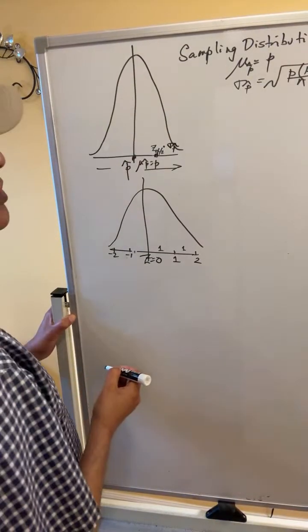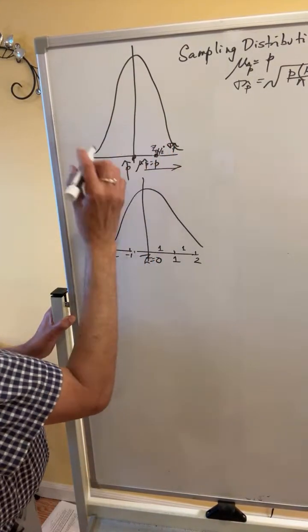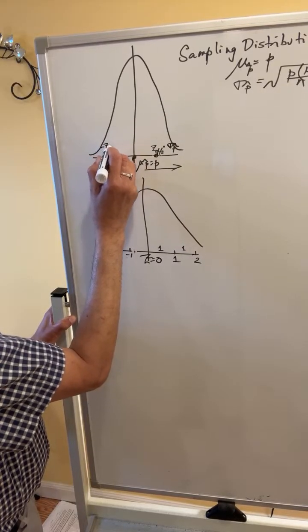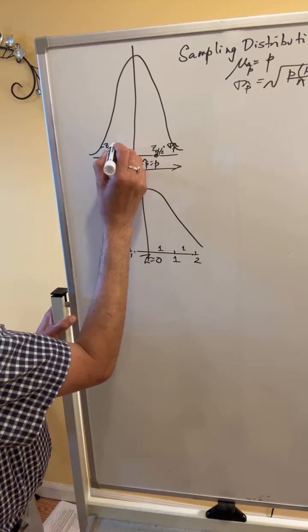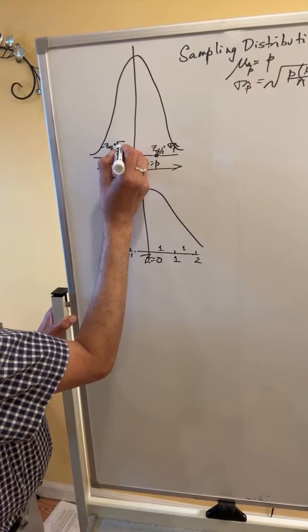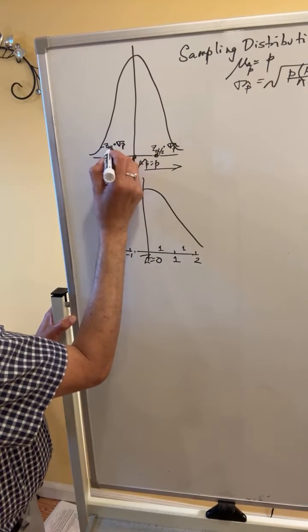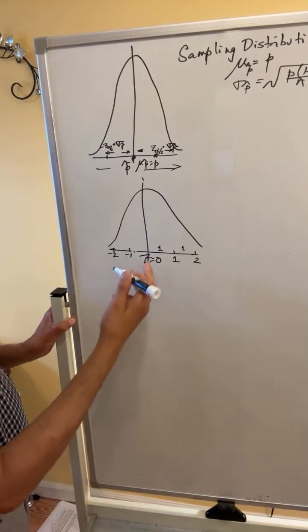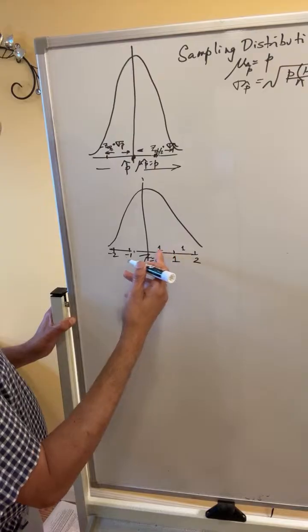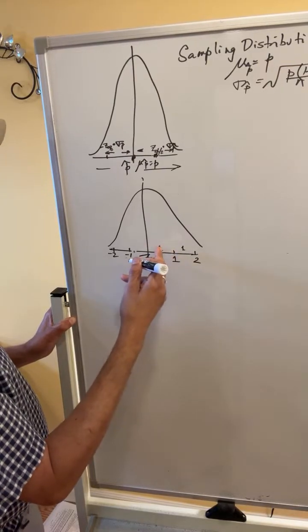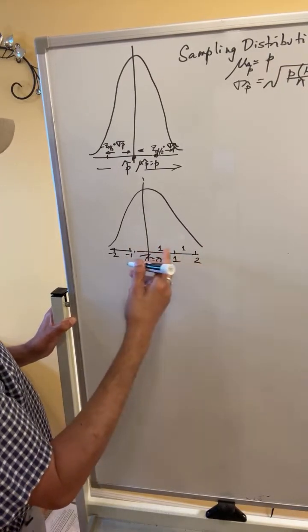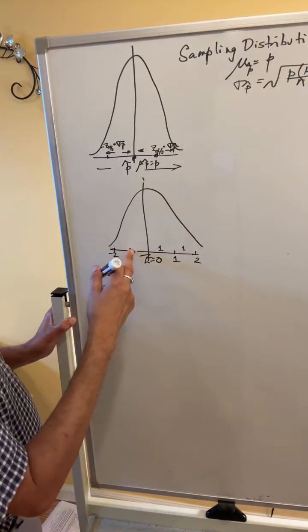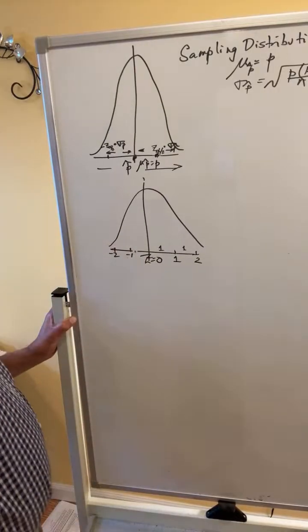If you are on the left-hand side, it will be minus z alpha by 2 times the standard deviation, sigma p hat, this distance. With the same idea, mean is 0, so 1 times the standard deviation, which is 1, is 1 standard deviation above the mean, 2 standard deviations above the mean, 1 standard deviation below the mean, 2 below.